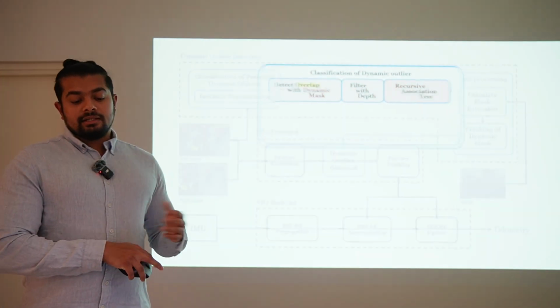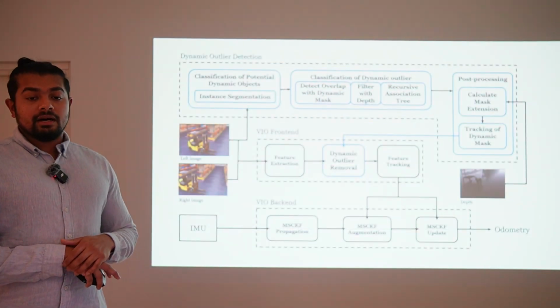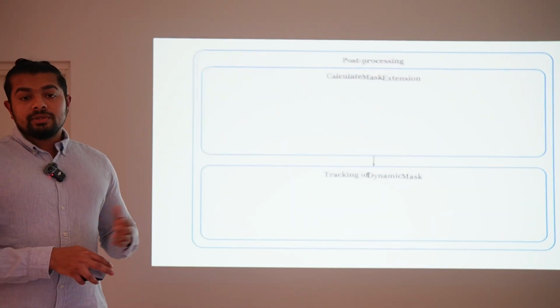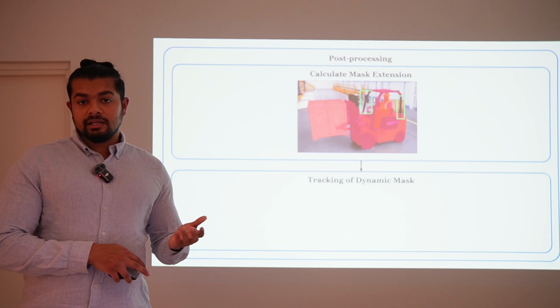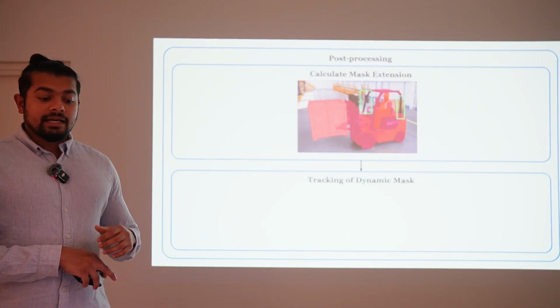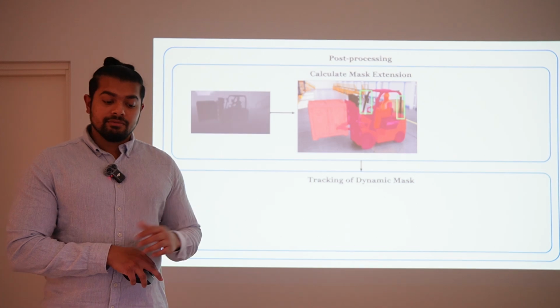Now we have detected all the dynamic objects. Now the mask is ready to be post-processed. We do it in two steps. First, we detect the incomplete mask and extend this mask using the depth information.